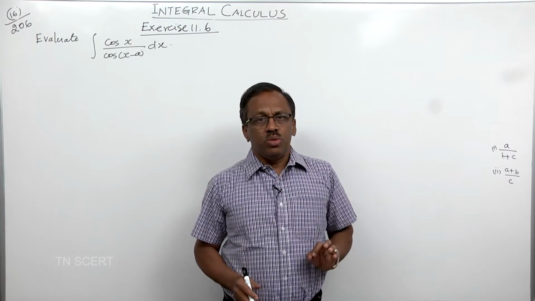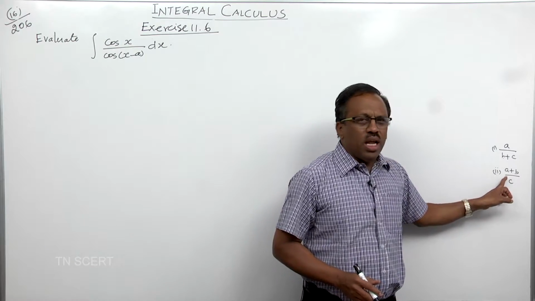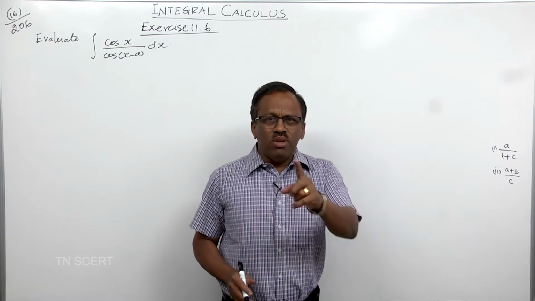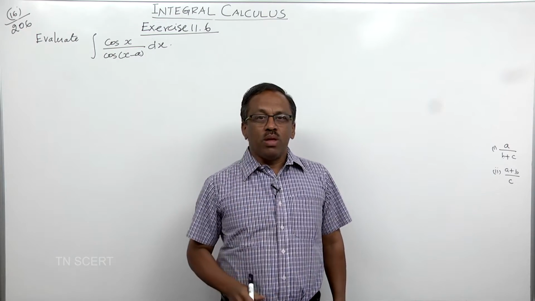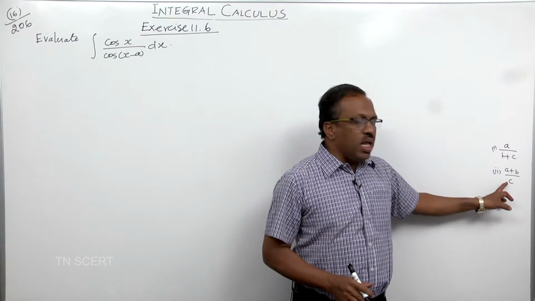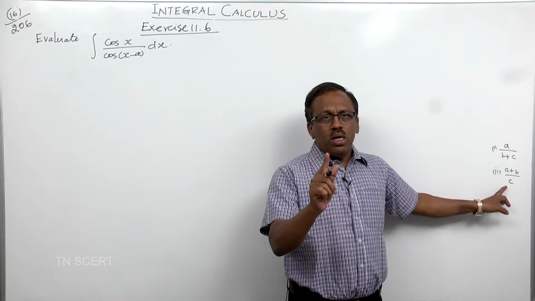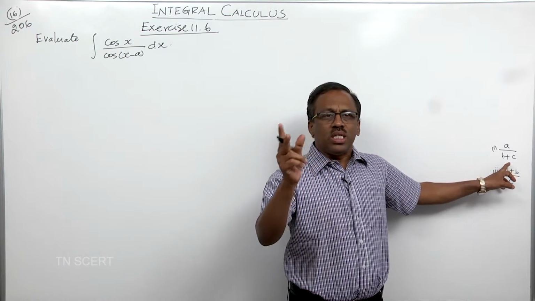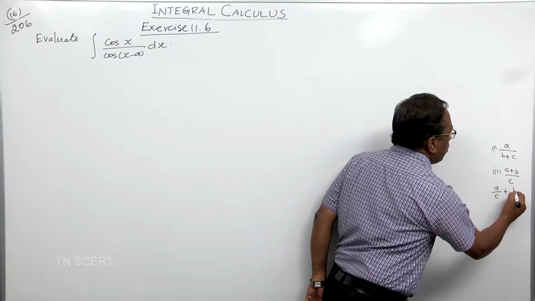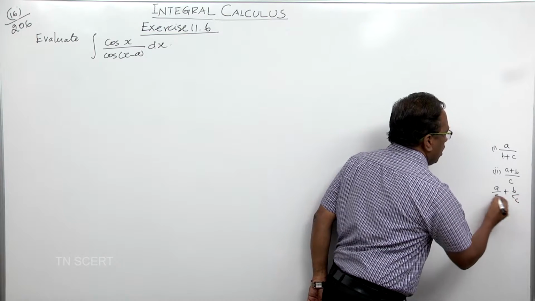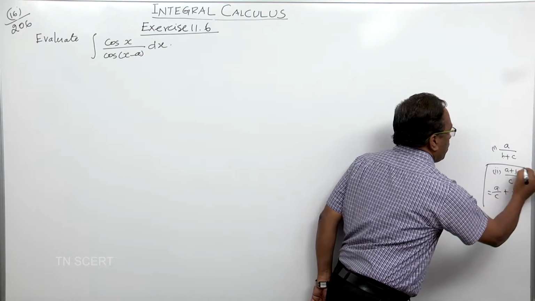But for a plus b by c, can we split it? Yes, we can, because the denominator involves only one term and the numerator has two terms, so that makes a difference: a by c plus b by c. Like this we can adopt.